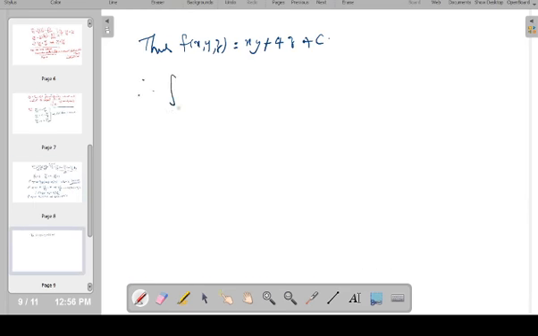Therefore, the line integral of y dx plus x dy plus 4 dz from where to where?